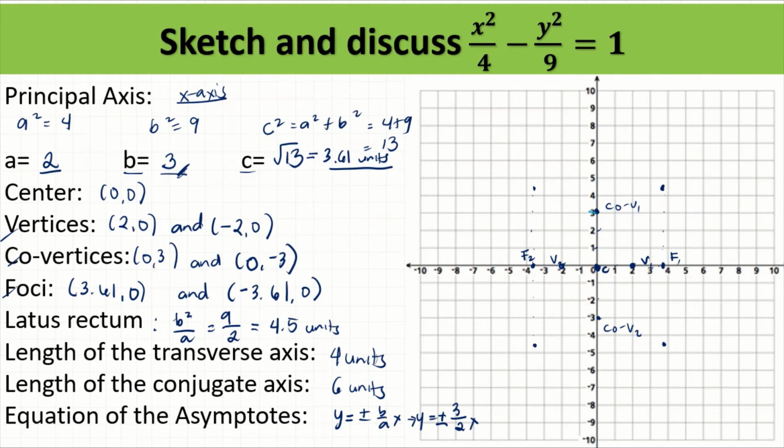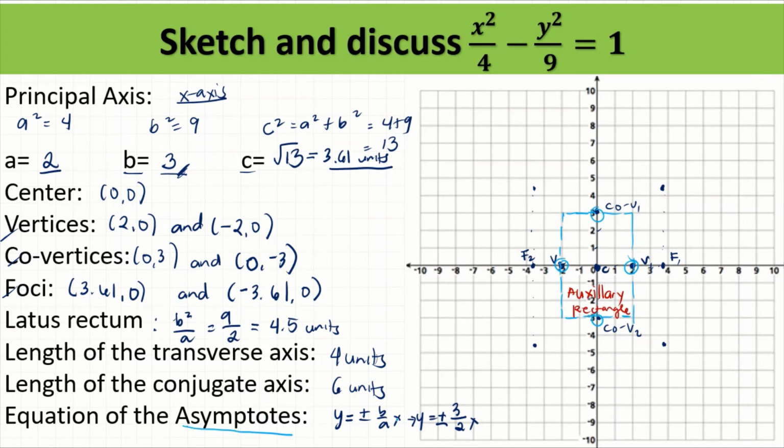Okay, so as you can see, in this figure, nagdo-drawing ako ng isang rectangle, wherein nandun ang ating co-vertices and vertices. So, ito yung points natin. Okay, ito yung guide natin sa paggawa ng auxiliary rectangle. Again, this is called auxiliary rectangle.